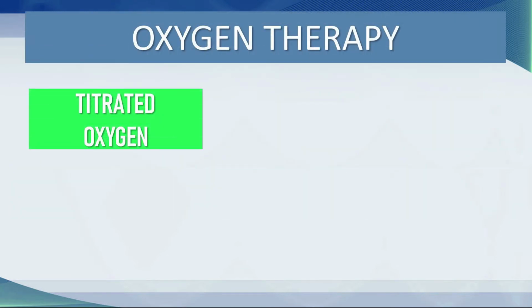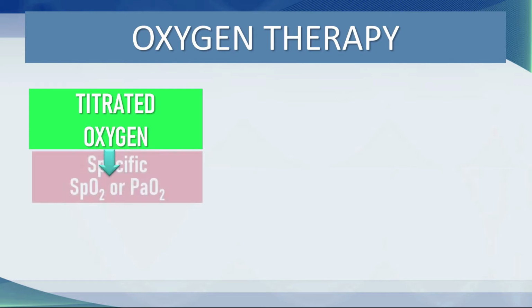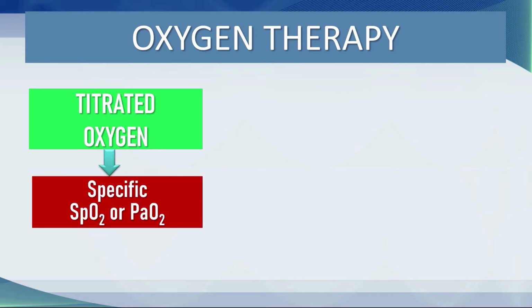These days, oxygen therapy is typically titrated. That is, the inspired oxygen tension is carefully tailored to a specific oxyhemoglobin saturation or partial pressure of oxygen in arterial blood. But there is a second component to oxygen therapy, and that is gas flow.